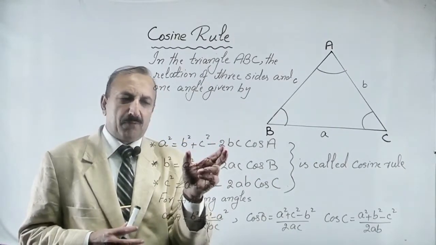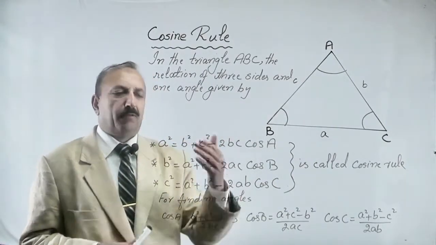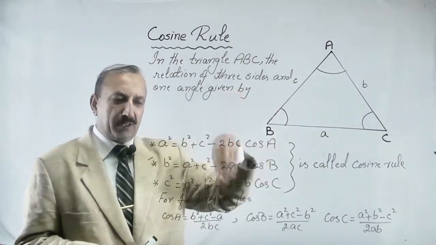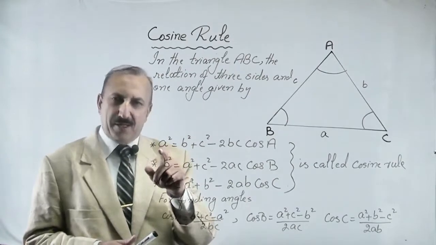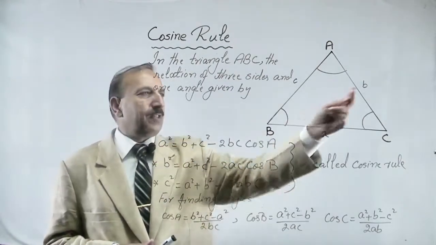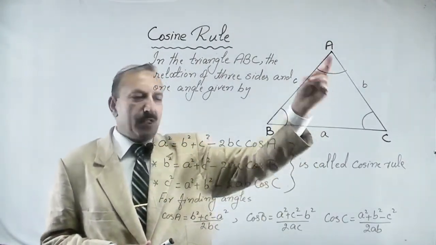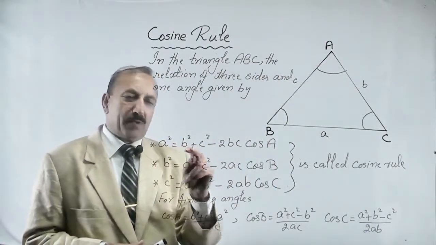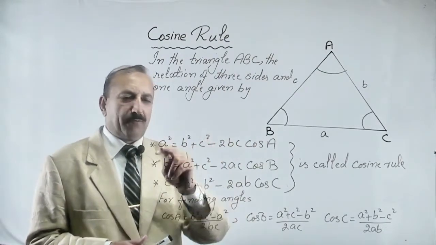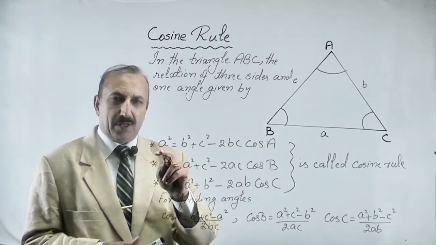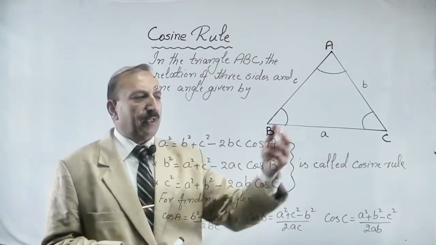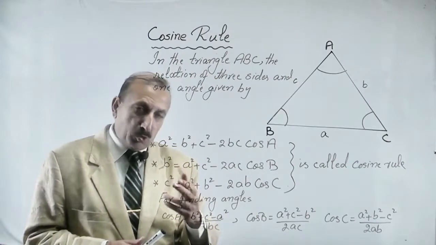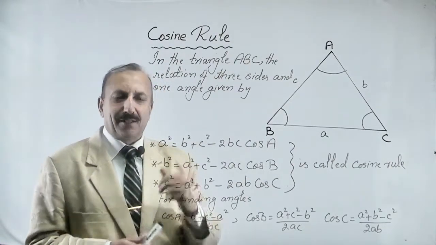At one time we will use only one of these three for finding a side of the triangle. For example, if we are supposed to find the side A, this formula will help us. This is side A, and the respective angle is here. We will use the respective angle A here, and the given values B and C we will use and calculate. Finally we get the value of A. Similarly, when there is a variation in the sides, you can choose the formula for finding the other sides.